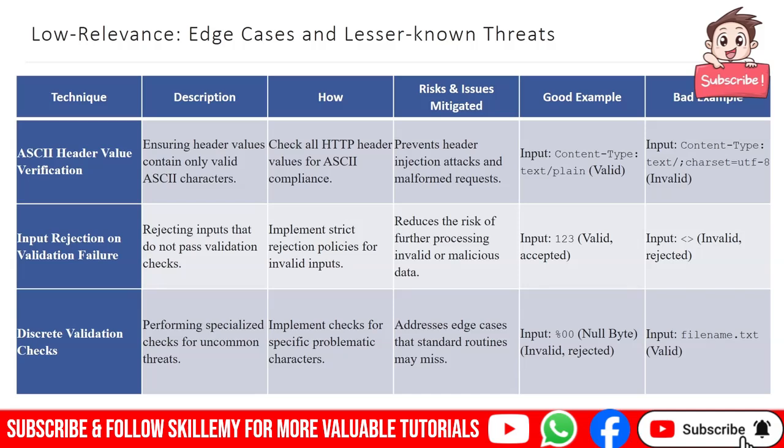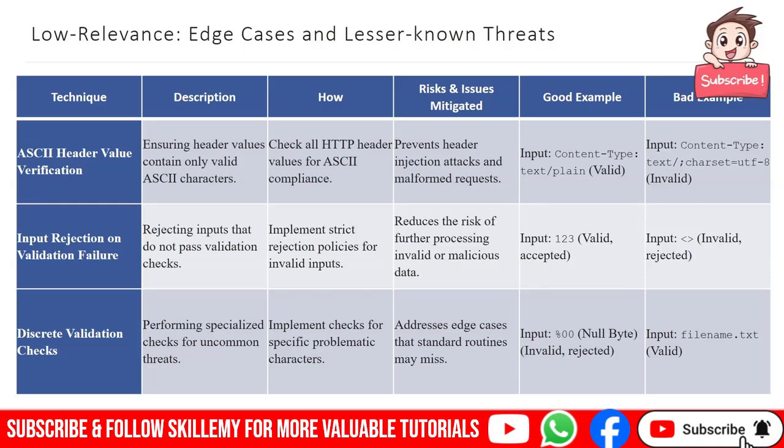Next, we discuss the importance of input rejection on validation failure. This technique emphasizes the necessity of rejecting any inputs that do not pass validation checks. Implementing strict rejection policies significantly reduces the risk of processing invalid or potentially malicious data that could disrupt application logic or security.